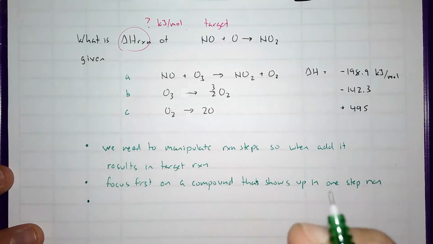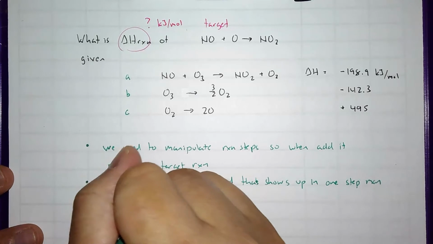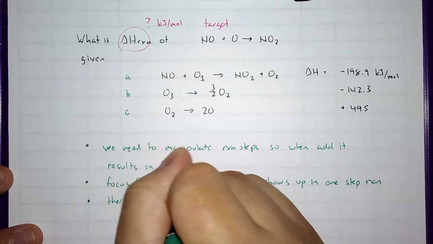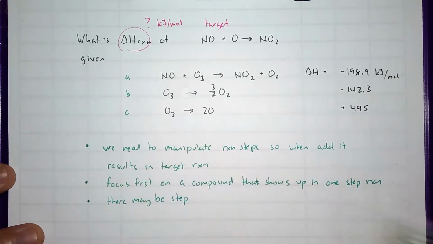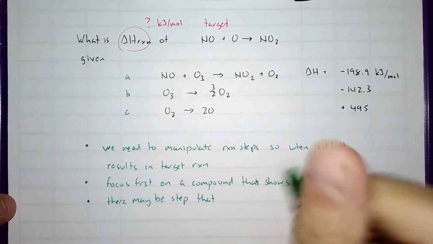Number 3, the very last thing. There may be a step that does not have any of the reactants or products. Why would they include that?